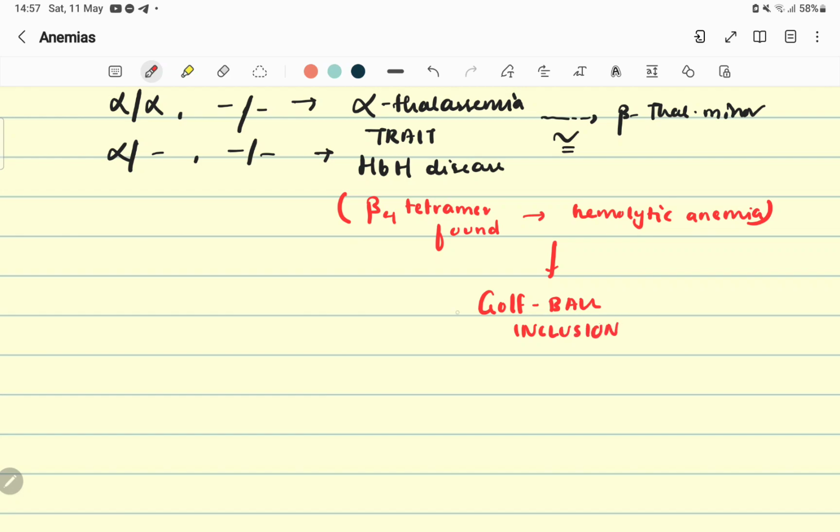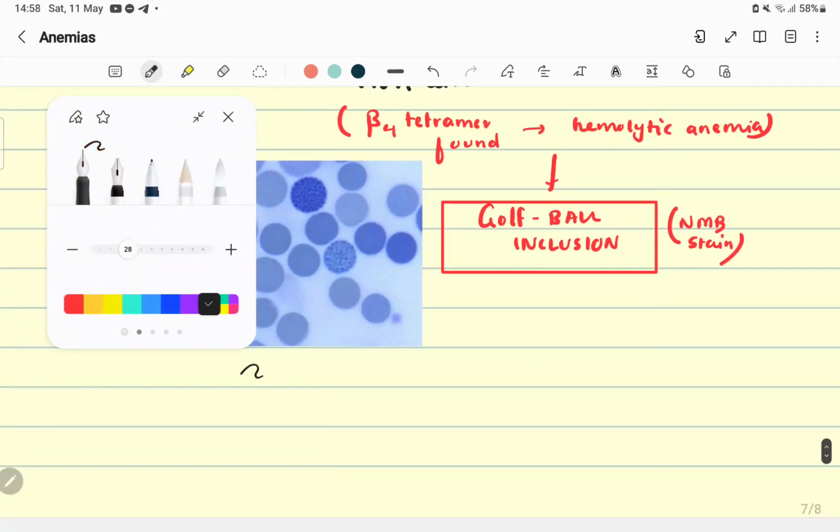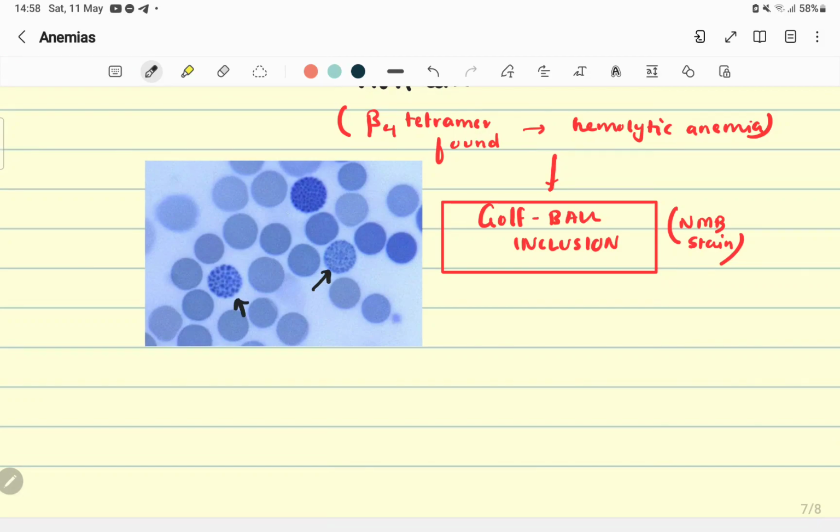Golf ball inclusion is found on NMB stain, new methylene blue stain. Okay, golf ball inclusion. So this is a characteristic golf ball inclusion. You can see these are the golf ball inclusions, right?